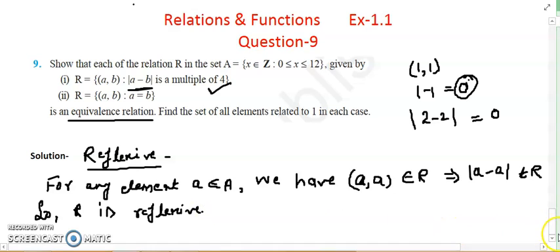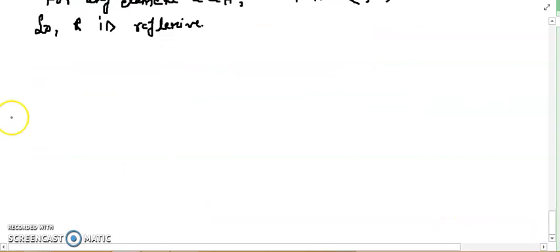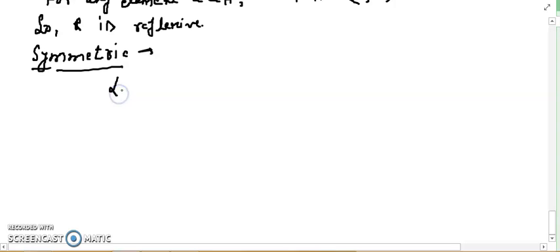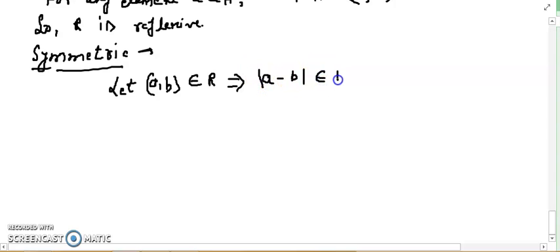All right. Now we check symmetric. Check for the symmetric. Let (a, b) belong to the relation, which implies that the modulus of a minus b belongs to the relation.